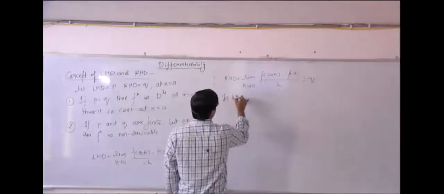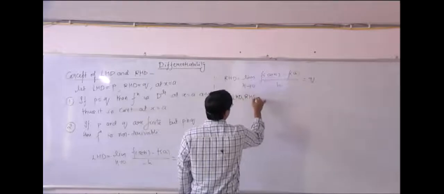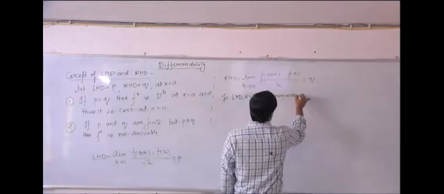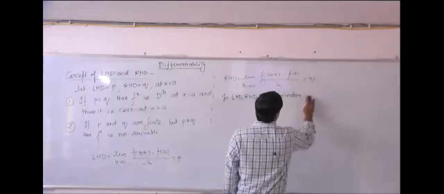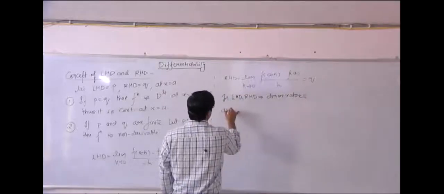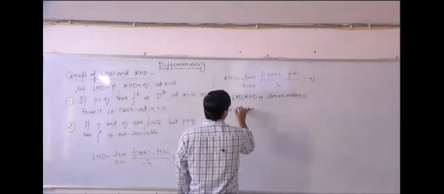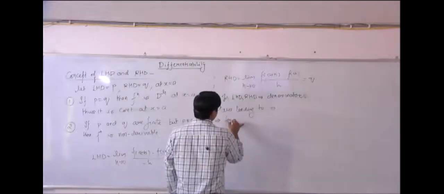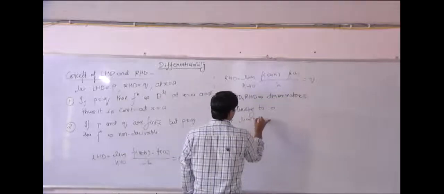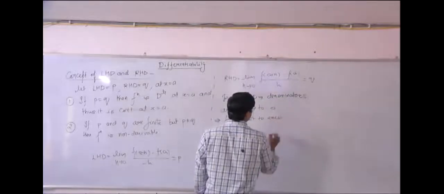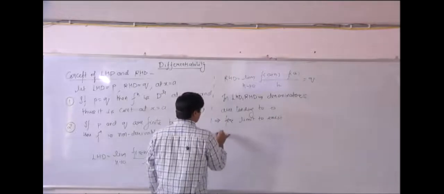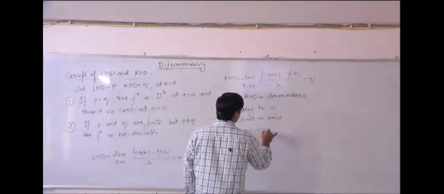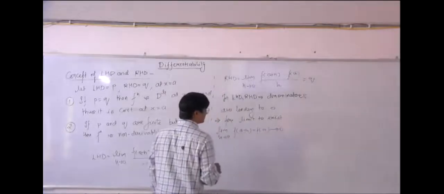In LHD and RHD, denominators are tending to 0, for the limit to exist, limit h tends to 0, f of a minus h minus f of a must tend to 0 or not.